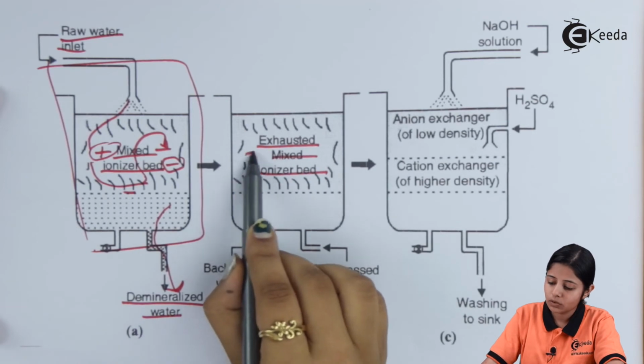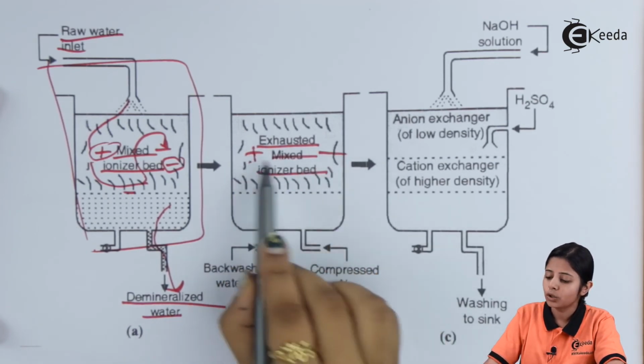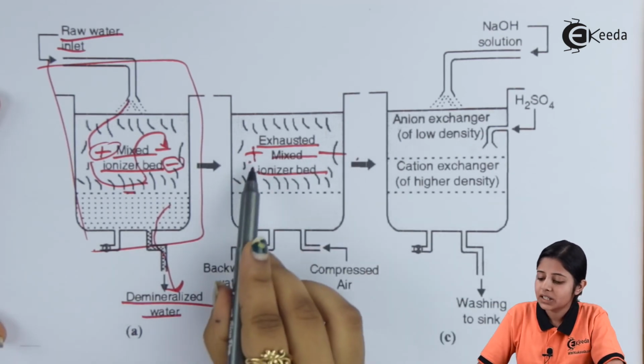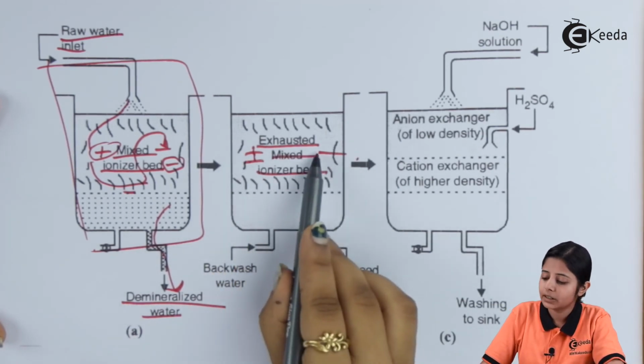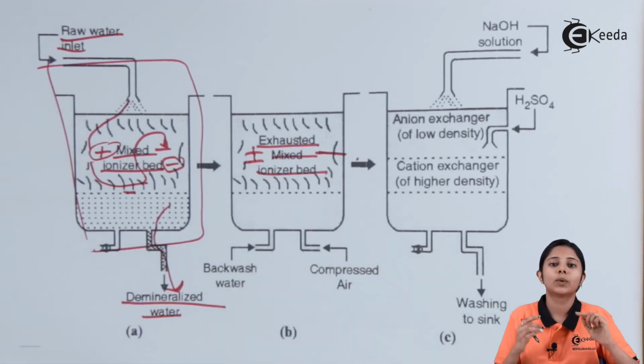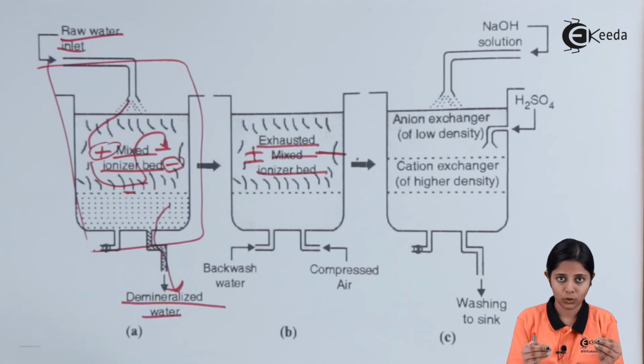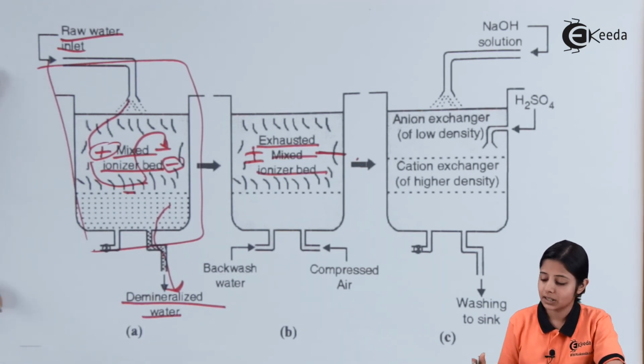That means the positive cation bed and the negative anion bed, both of them get exhausted. They get exhausted by doing the ion exchange. That means they have given away all of their ions, but they themselves have the ions of the impurities present in it.